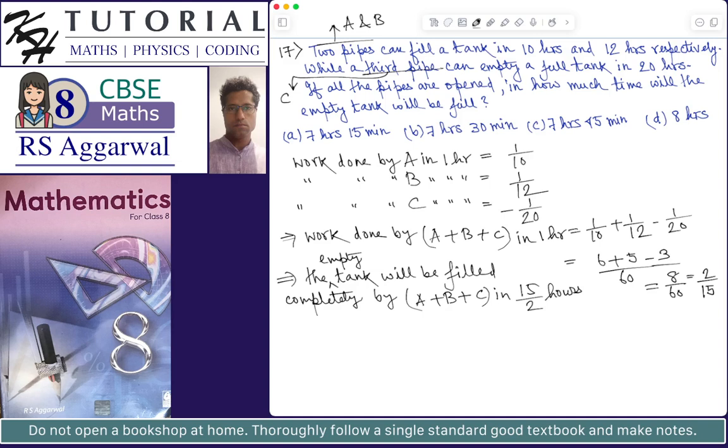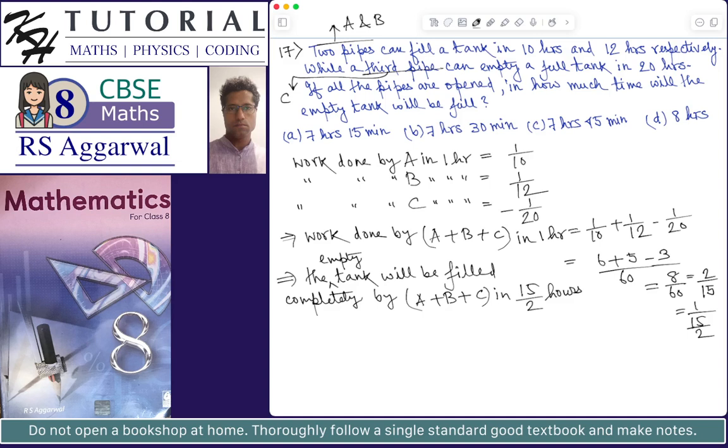Now if we express 2 by 15 as 1 by n, this will be 1 by 15 by 2. So if the work done in 1 hour is 1 by n, we know for a pipe and tank, where n is positive, then we say that the whole tank will be filled in n hours.